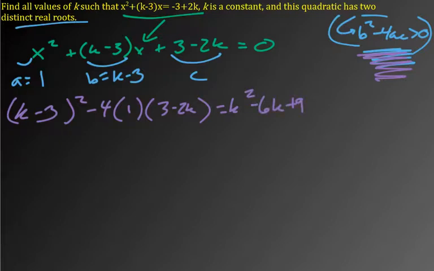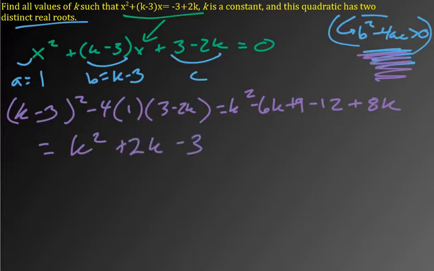And then if you just distribute negative 4, the 1 really doesn't do anything there, you get minus 12 plus 8k. And then combining like terms here, we get k squared plus 2k minus 3.